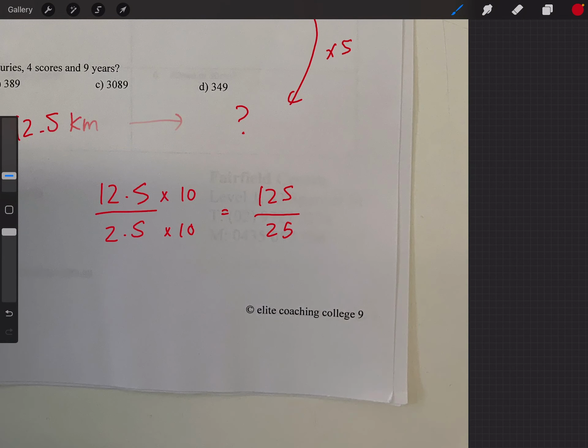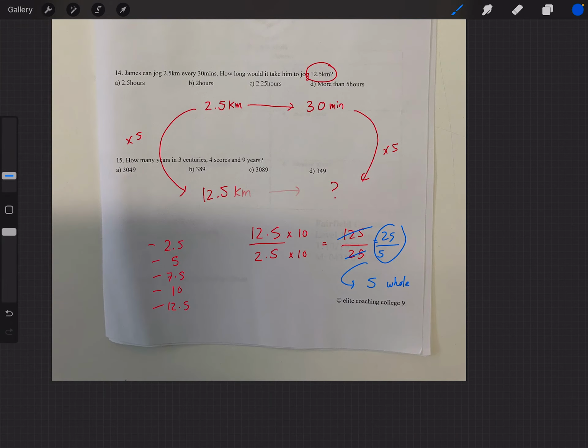Now we're going to simplify this fraction by dividing top and bottom by 5. I'm going to get 25 over 5. So how many 5s go into 25? This is an improper fraction. Change it to a mixed numeral and the answer is 5 whole, no remainders. So to go from here to here, you must multiply by 5, and multiply that by 5 to get the answer. Okay, moving on.